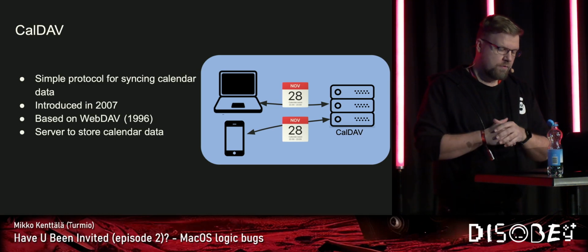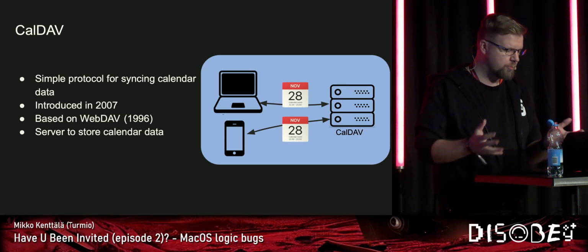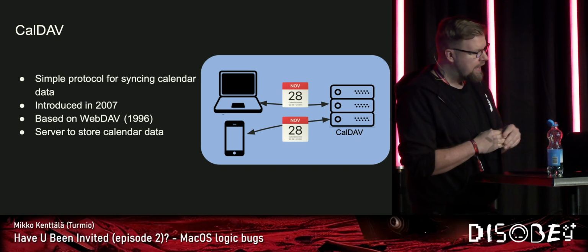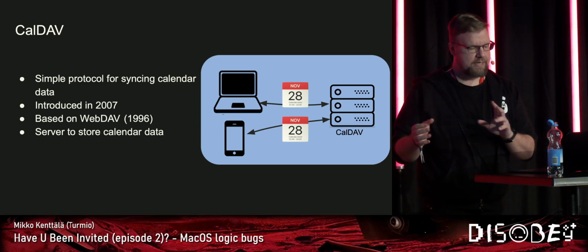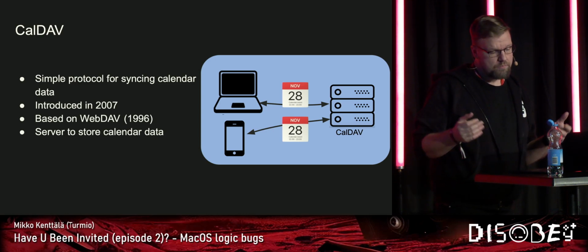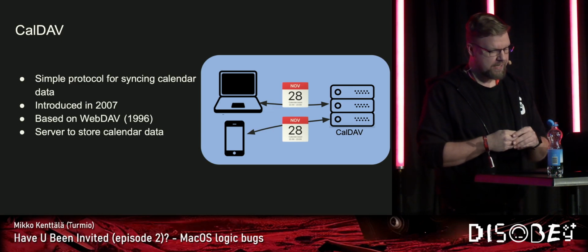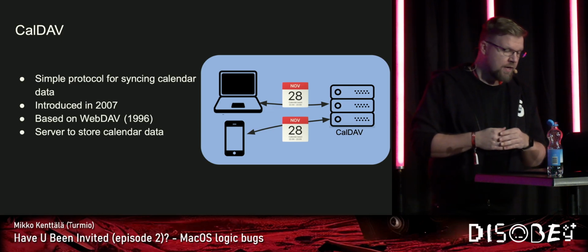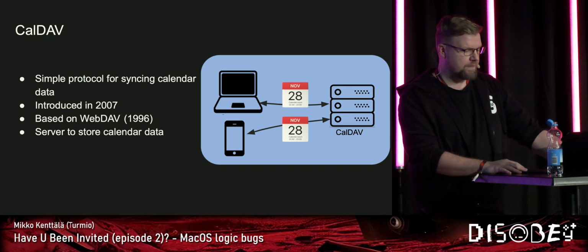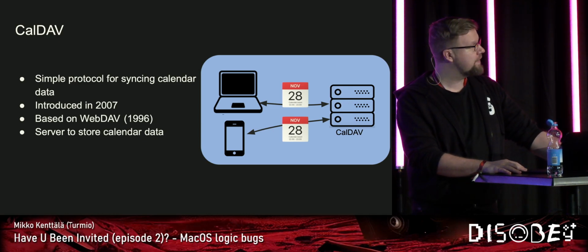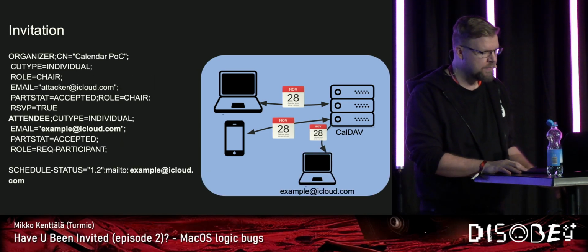It's a rather old protocol, working since it was introduced in 2007, and the web server or calendar service side is based on the well-known, well-adopted and old WebDAV specification. Rather simple idea. Most likely all of you know the basic functionality: if you have multiple devices, you connect to the calendar server and those events will be synchronized.